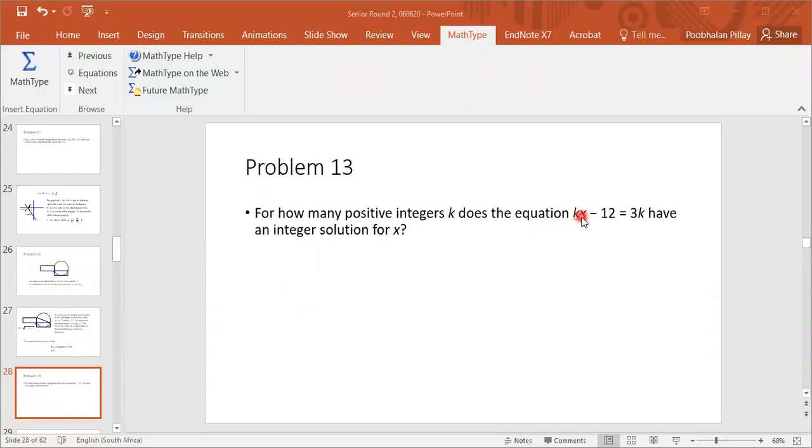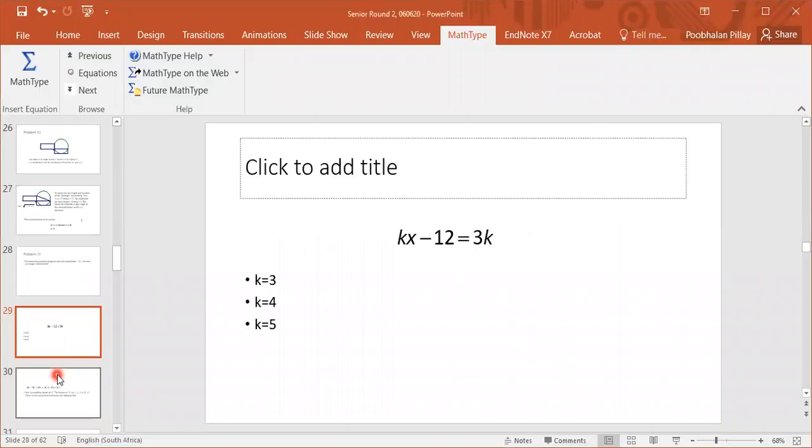If that x is an integer, then that k is acceptable, because you want to know for which positive integers k you have an integer solution, right? So when I go down here, say I'm taking k equals 3, come on, tell me. I didn't write down the answer. You all can speak. K equals 3. What have we got? 3x minus 12 equals 9. Right.